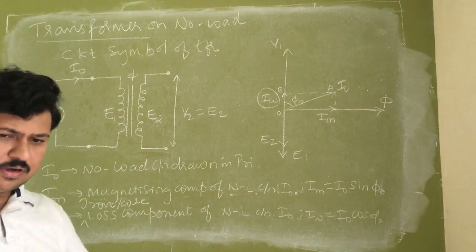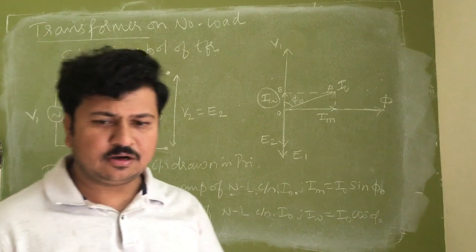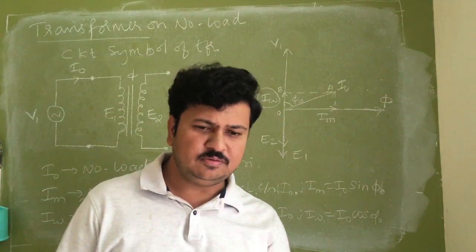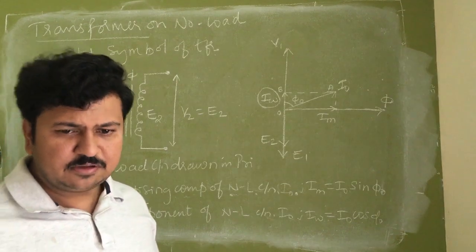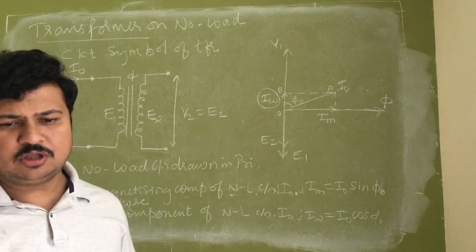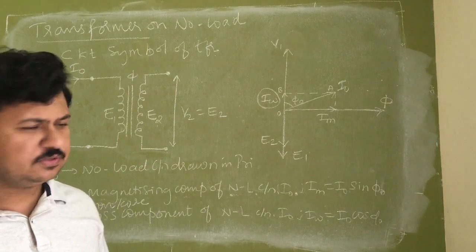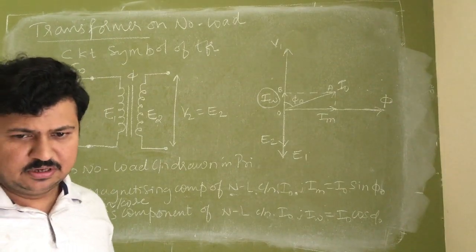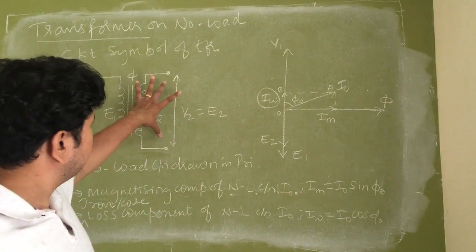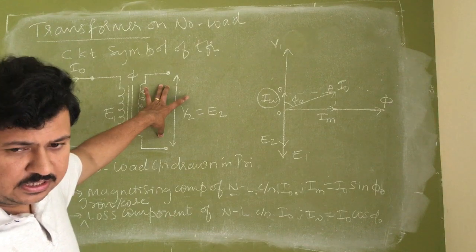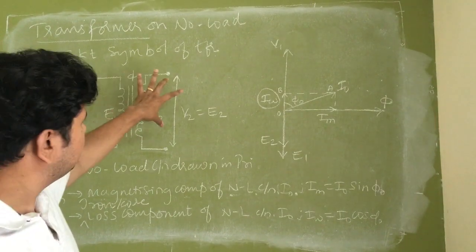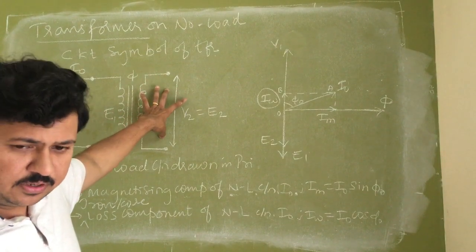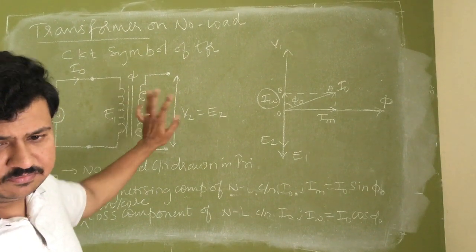Like I told, in our own lab, in our college, there are many 2 kVA transformers of 230 by 230 volt capacity. So the current rating will be 2 kVA divided by 230 volts, which comes out to be 8.6 amperes. So when I connect the full load on the secondary side, the current drawn by the primary will be 8.6 amperes. The current flowing in the secondary will also be 8.6 amperes because the voltages are the same.